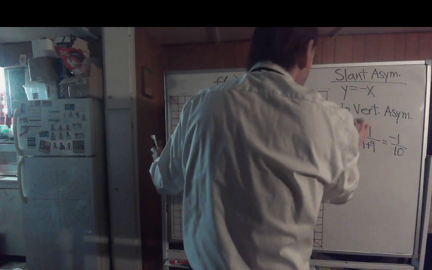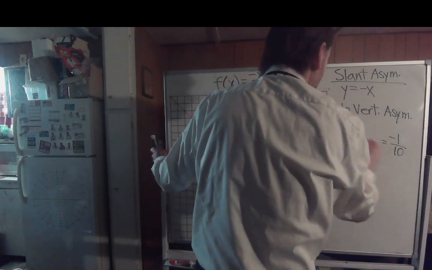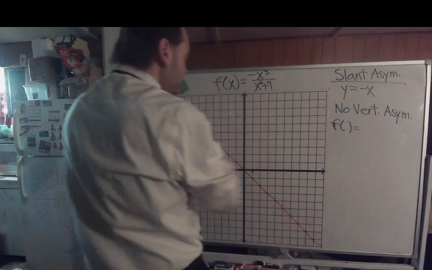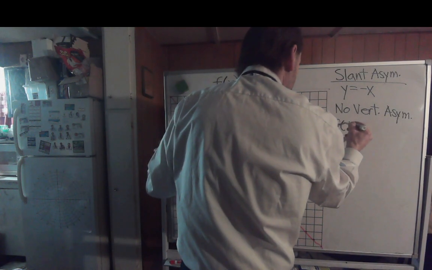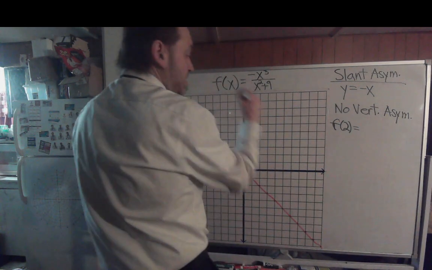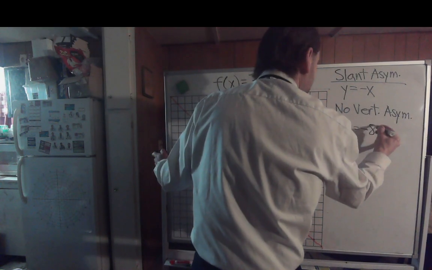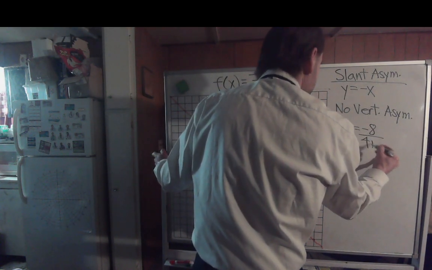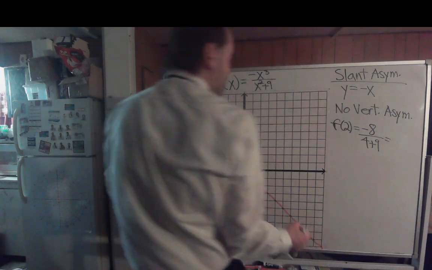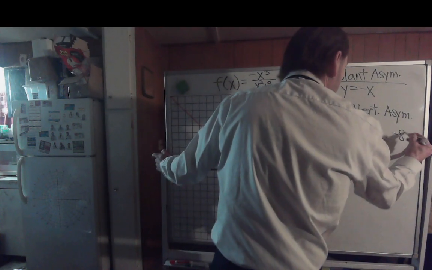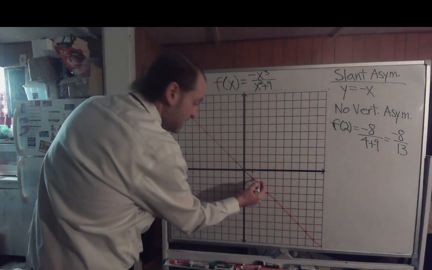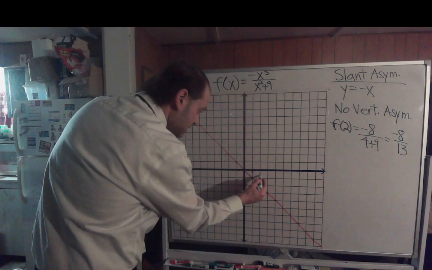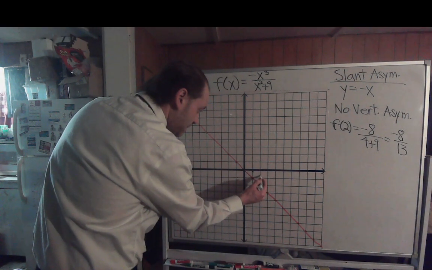So now what about when x is 2? If I do 2, that would give me, of course, negative 8 all over 4 plus 9, which would end up giving me negative 8/13, which is a little over negative half. So I'll be about down there.